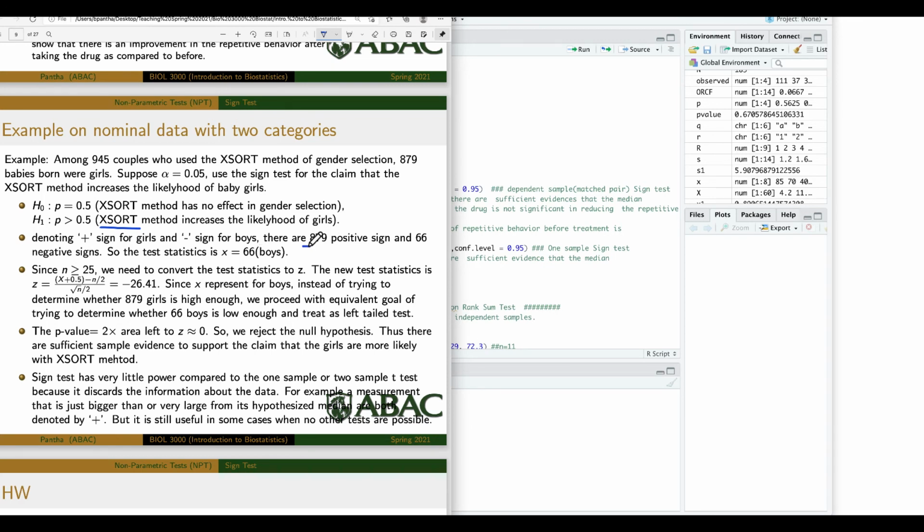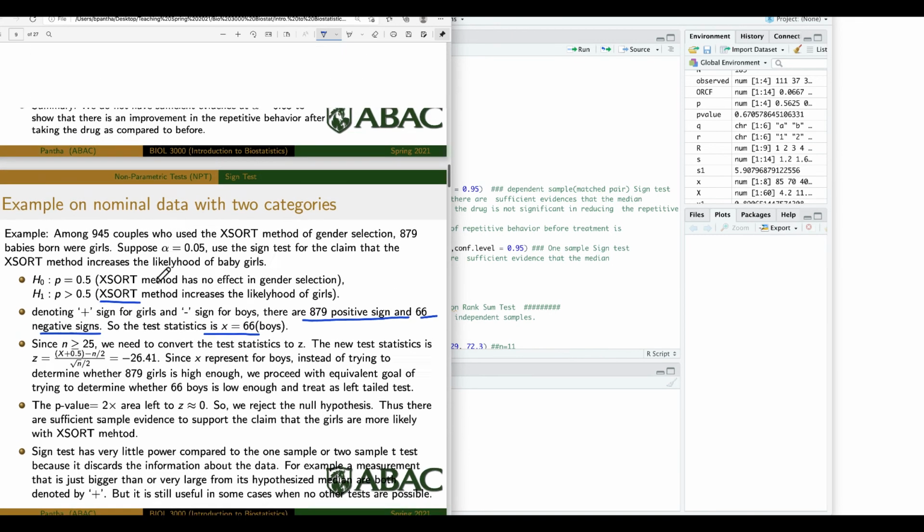There are 879 positive signs and 66 negative signs, and as before, we denote x as the smaller of those two signs. Okay, so that will be x equals 66. But you see that here, what you got is n is greater than or equal to 25. The sample size is greater than or equal to 25.